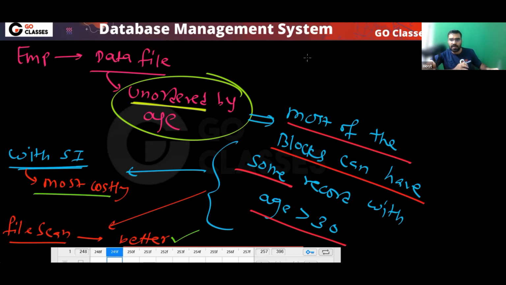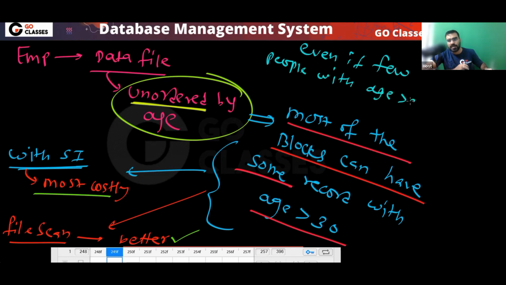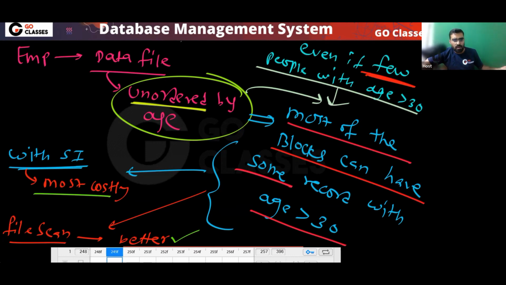Even if you have few people with age greater than 30, because of these two reasons this can happen. Is this clear to everyone?